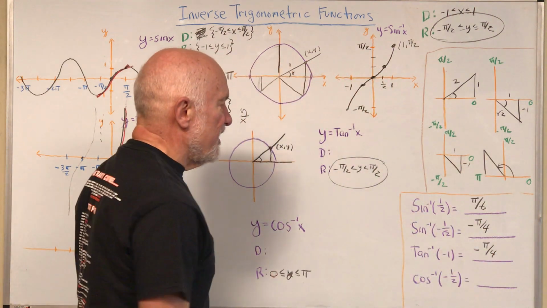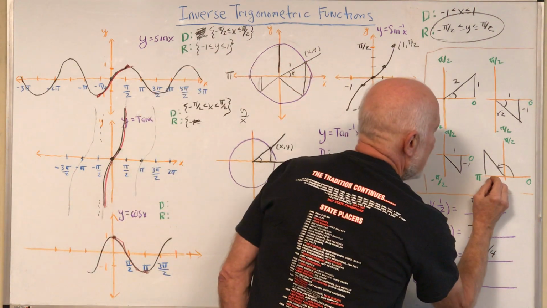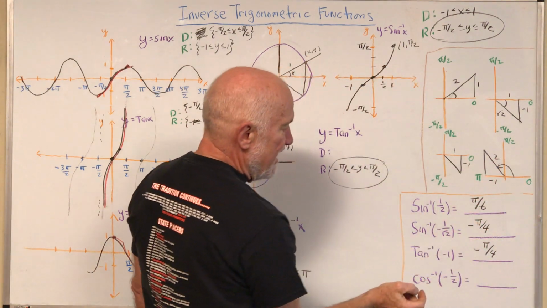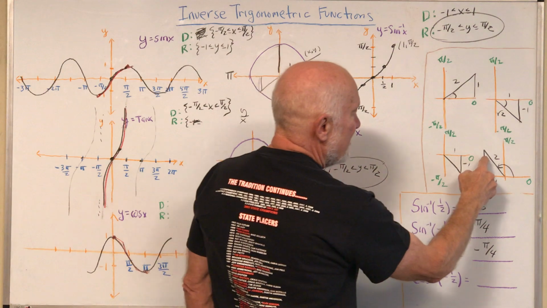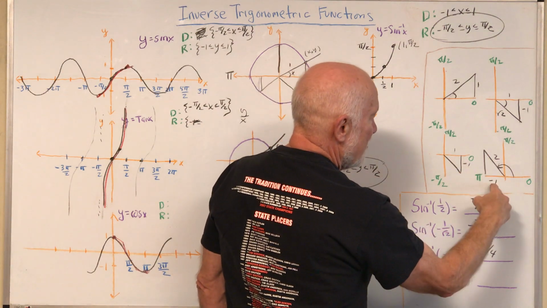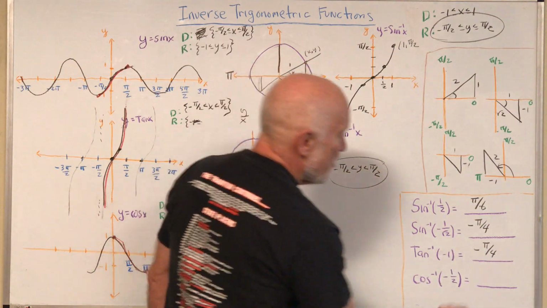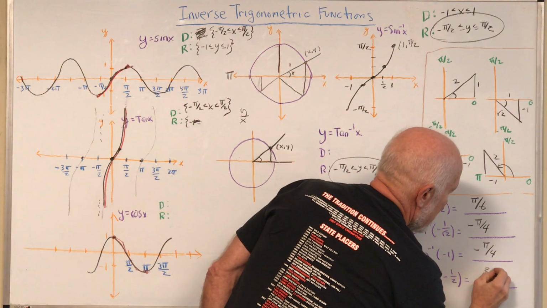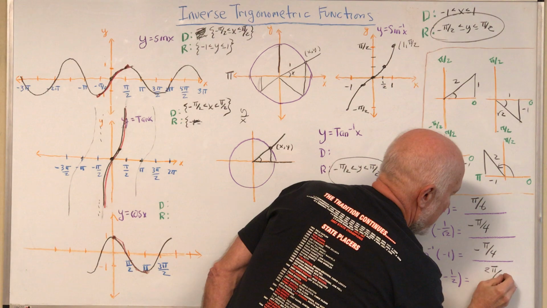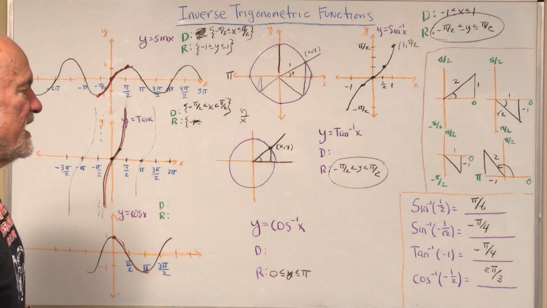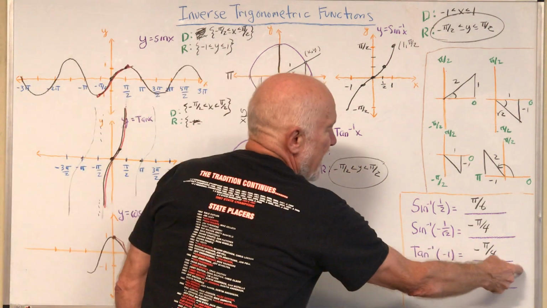And what is that angle if the cosine is negative 1/2? We know that this angle up here is a 30-degree angle, so this is going to be 60, so you're going to be at 2 pi over 3.